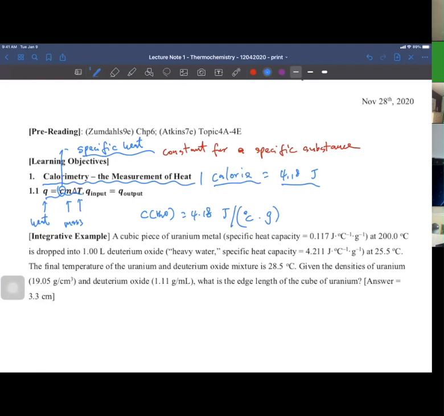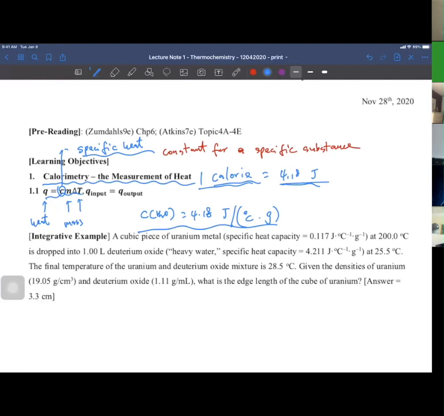So this is why 1 calorie is 4.18 joule. So it just depends on how you define the energy, right? So if we define for water, 1 gram of water, the temperature increased by 1 degree Celsius, how much absorbed is called 1 calorie, and then you will get 1 calorie is 4.18 joule, right?